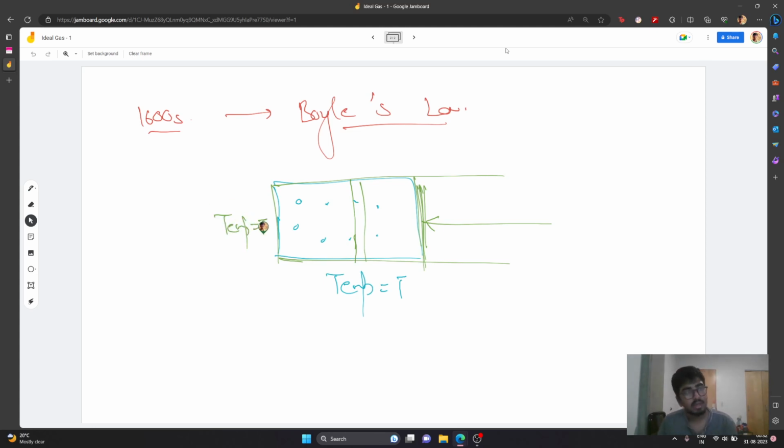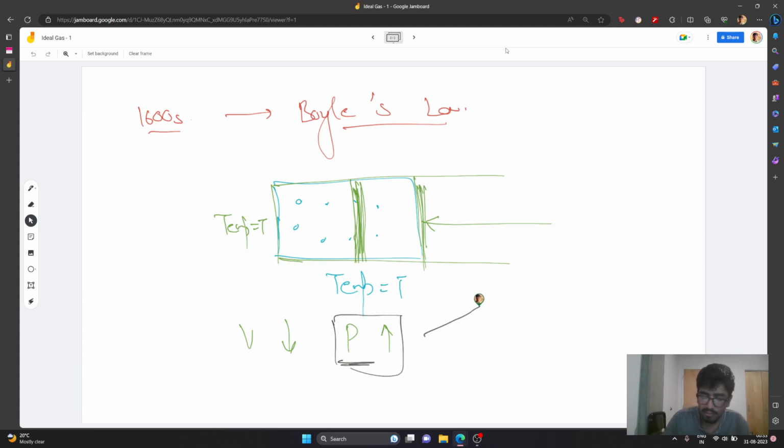In that case, you will notice that it now takes a lot more pressure to hold it there. So the pressure has increased. You have decreased the volume, so pressure has increased. That gives us a picture of where the pressure is coming from.